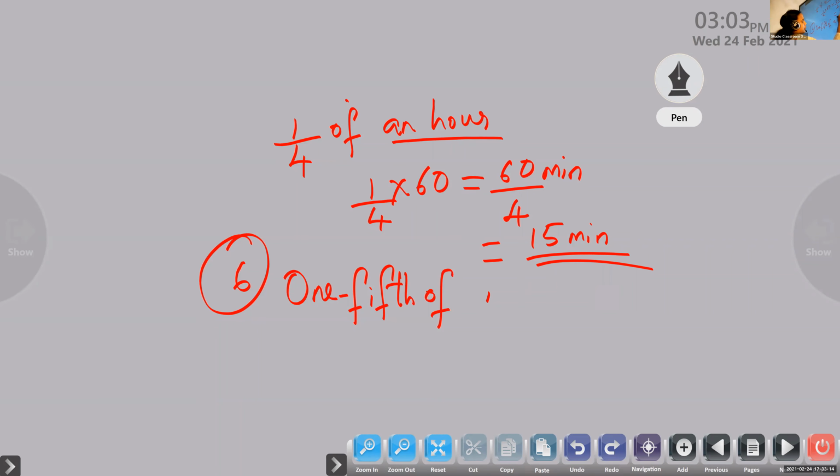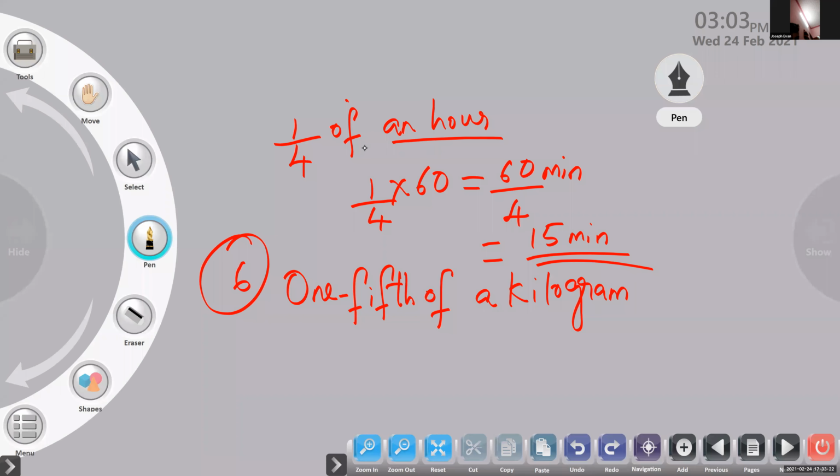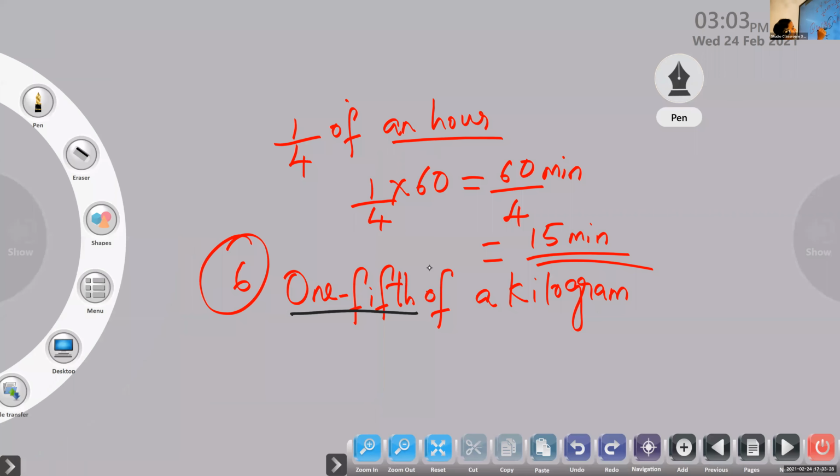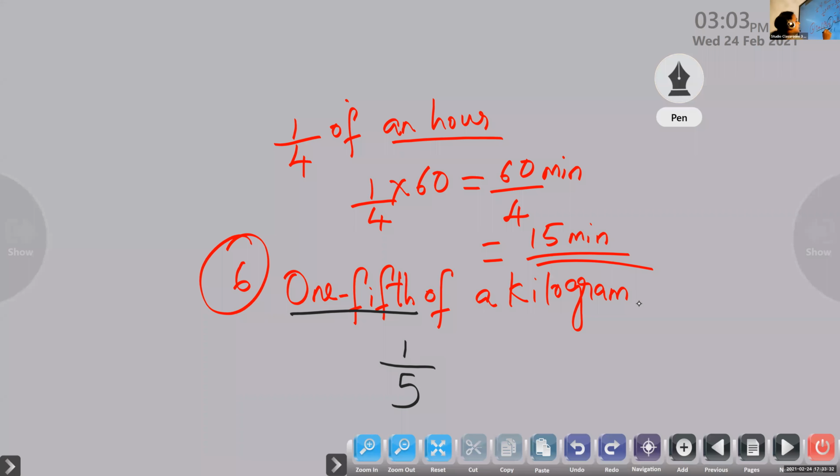Kilogram. So you should know, 1 kilogram is equal to how many grams? 1/5, how will we write this? 1/5 we will write as 1 by 5. Instead of "of", multiply. 1 kilogram is equal to how many grams? 1000 grams.